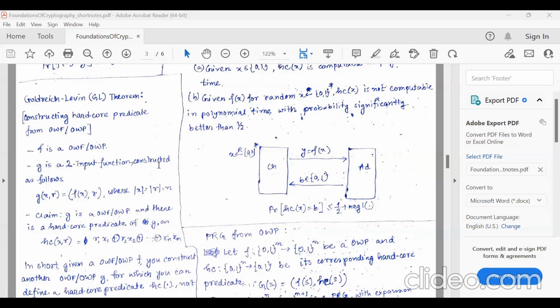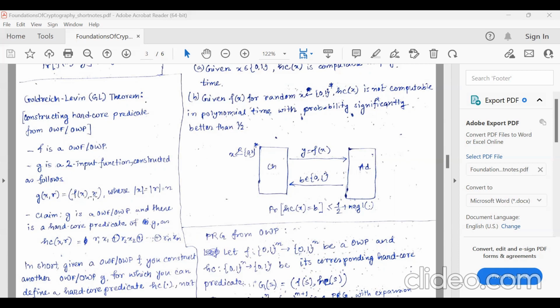g is a two-input function constructed as g(x, r) equal to (f(x), r). So f(x) is the OWF and r is exactly copied to the output. Let's say x and r both have bit length n. So the last n bits of the input are exactly copied in the last n bits of the output. And if f is a one-way permutation, then x being an n-bit string, f(x) is also an n-bit string.